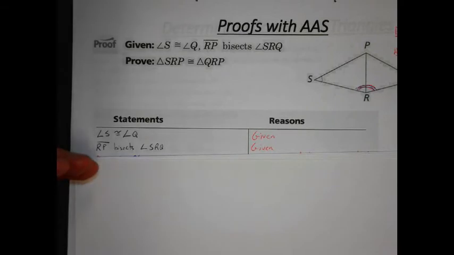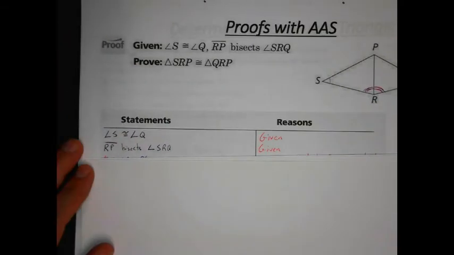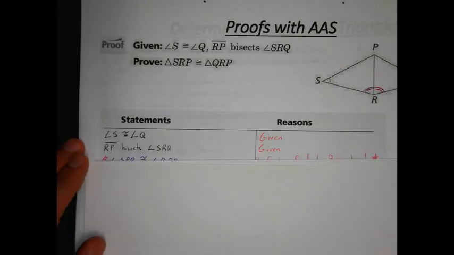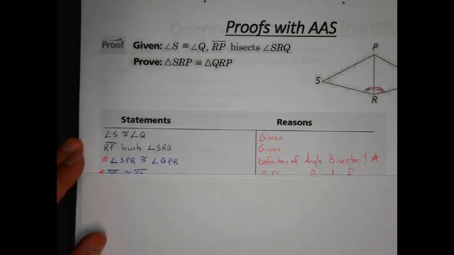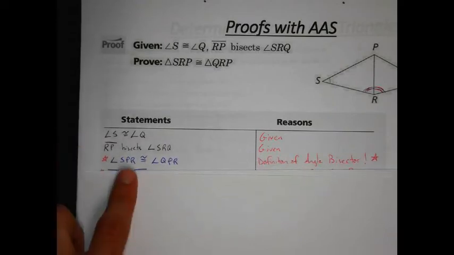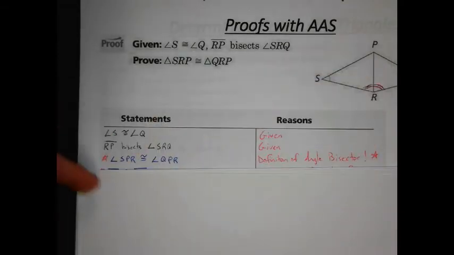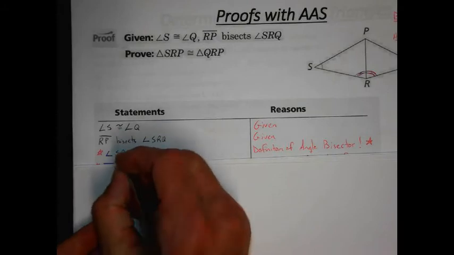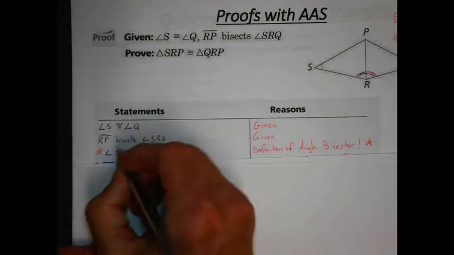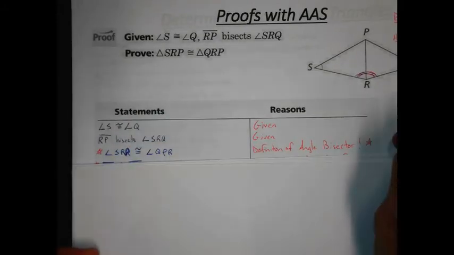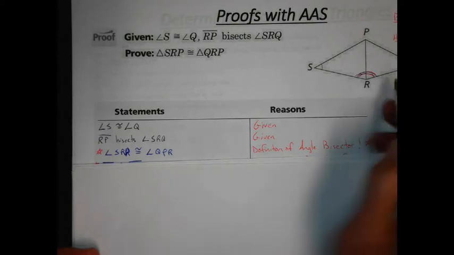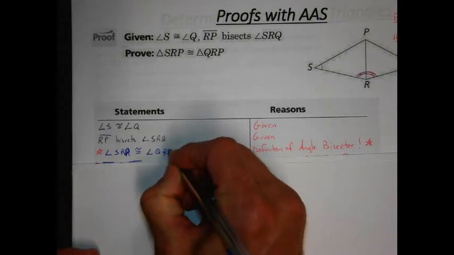Because I'm about to use this one to make it a clear, logical progression. So now I'm going to use that thing. Now I can state that our angles are congruent. Angle S, well, I wrote SPR. I should have written SRP. Oh well. You get what I'm saying. I'm fixing it. Angle SRP is congruent to angle QRP. You get what I'm saying.